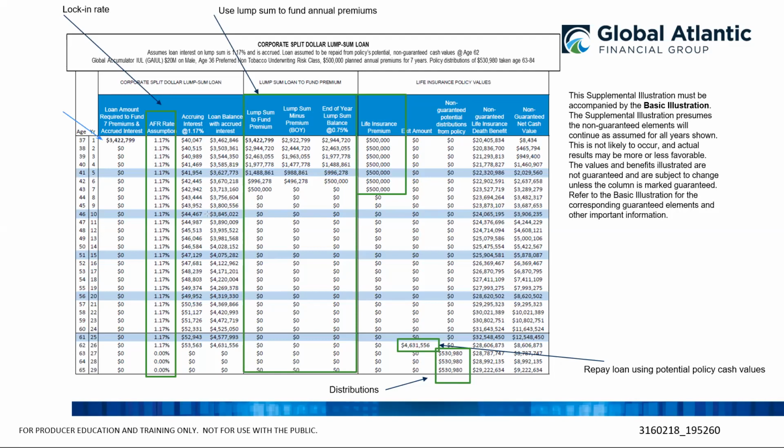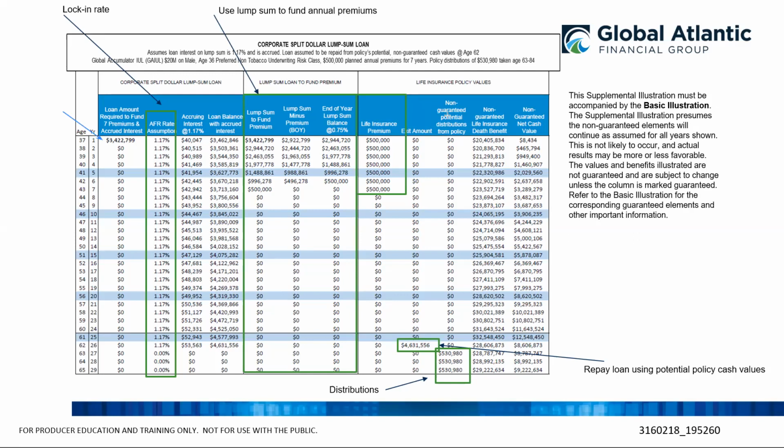And what we're doing in this is we are actually accruing the interest here, because you'll see, if I can direct everybody's eyes to the bottom of the page, where it says repay loan using potential cash values. You'll see that we're repaying through cash value $4.6 million, but our loan was only $3.4.